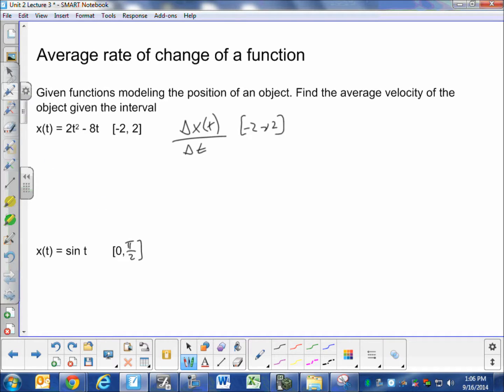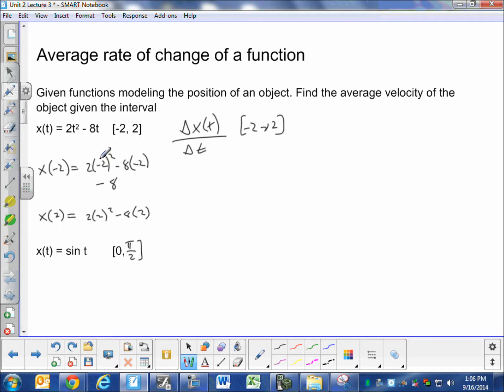So I need to find my position at -2. That's 8 minus 16. That's -8. And I find my position at 2. That's 8.